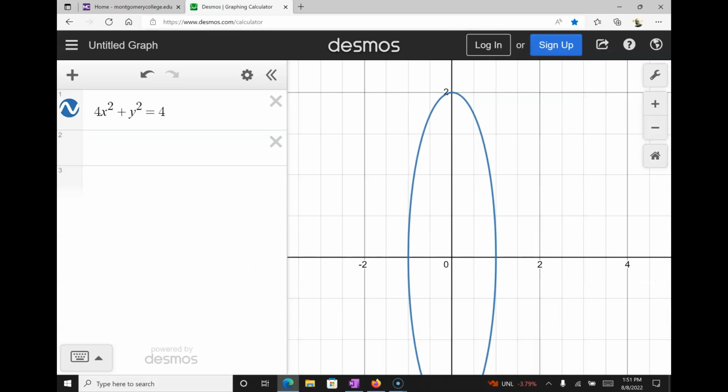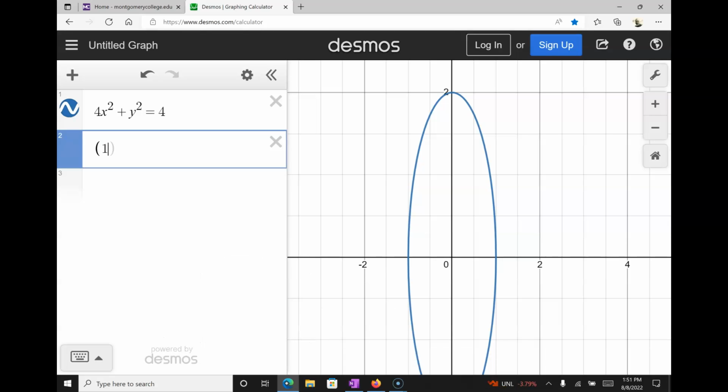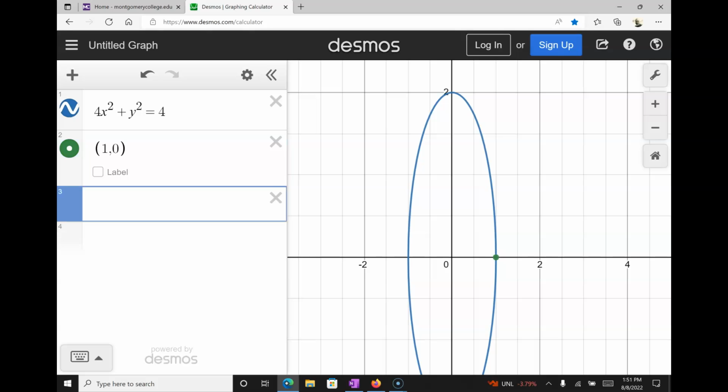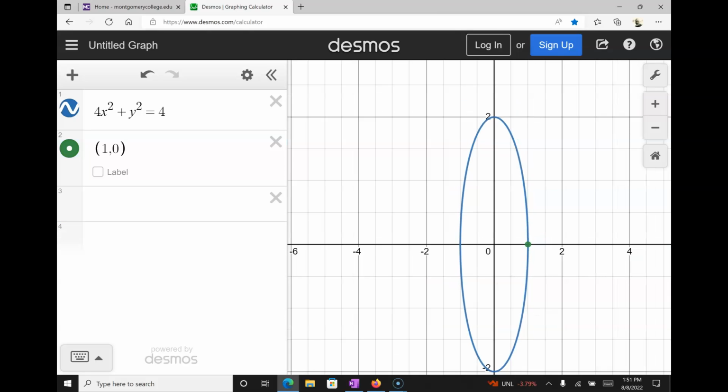And I want to find the 2 points that are farthest away from 1, 0. So there's 2 points that are furthest away from that 1 point on the ellipse, 2 points on the ellipse.